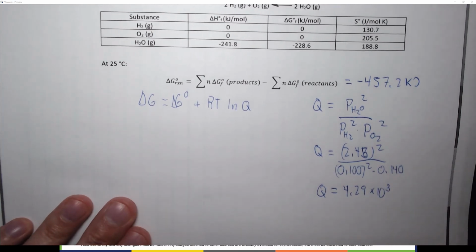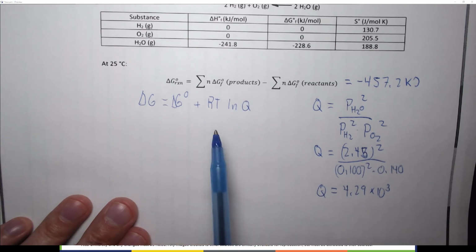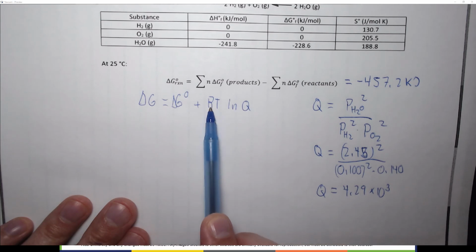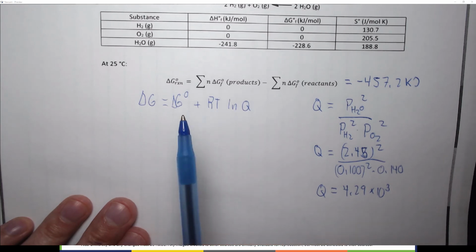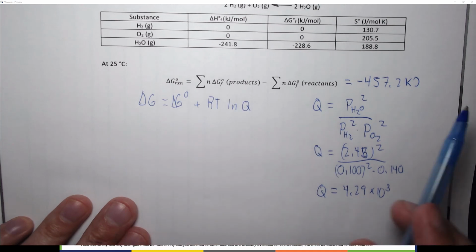All right. So now I can plug this in, but there's one problem. My R is going to be in joules, and my delta G is going to be in kilojoules. So I need to convert one or the other.